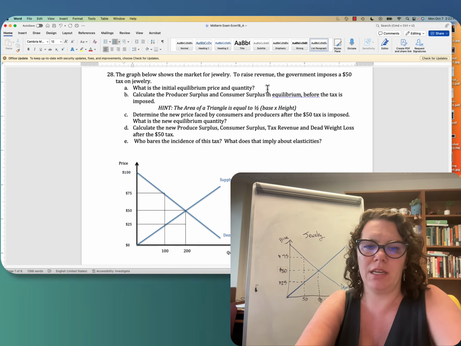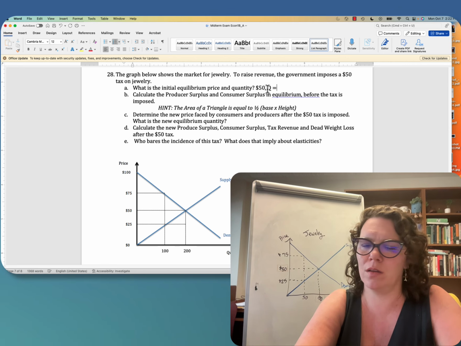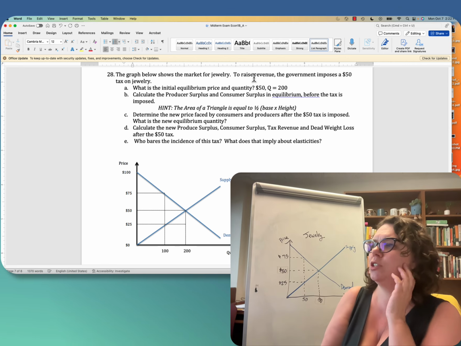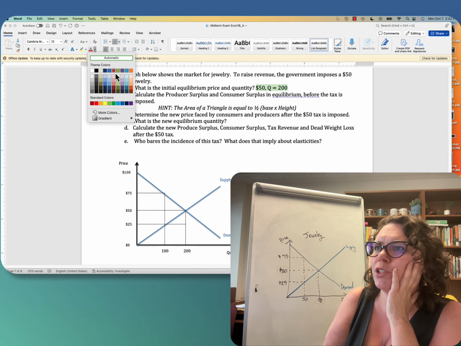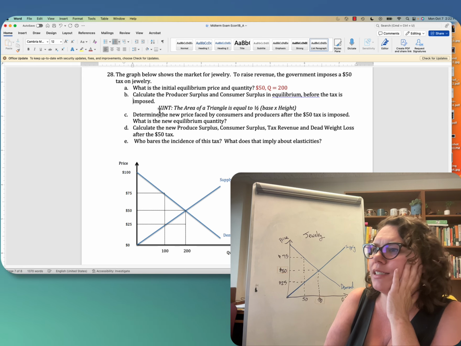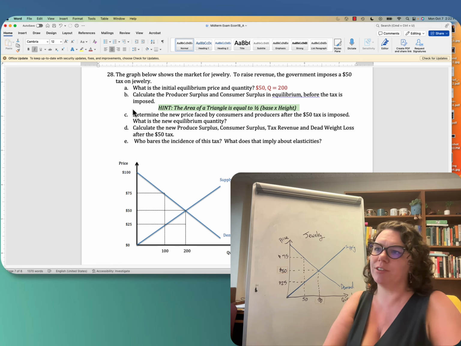This would be price equals 200, and then we want to calculate consumer surplus and producer surplus. And like I said, I gave you the equation for it, the area of a triangle, which is 1/2 of base times height, but they're going to have different triangles.